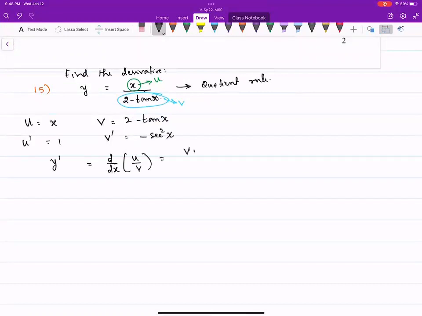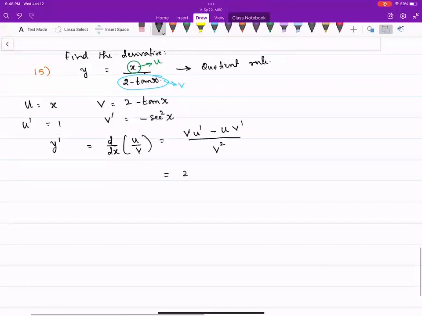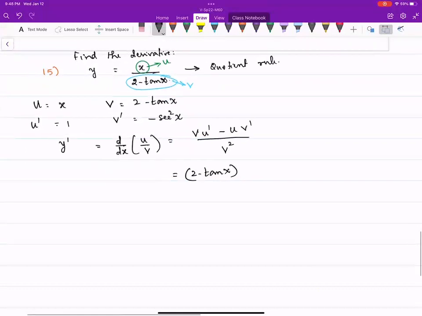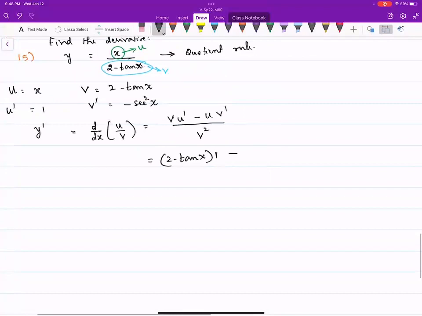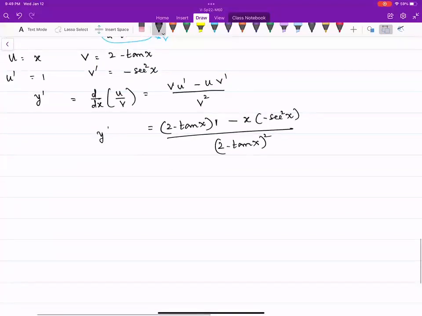So it is v u prime minus u v prime, divided by v squared. The numerator is 2 minus tan x times u prime, which is 1, minus u, which is x, times v prime, negative secant squared x, divided by v squared, which is 2 minus tan x, the whole squared.